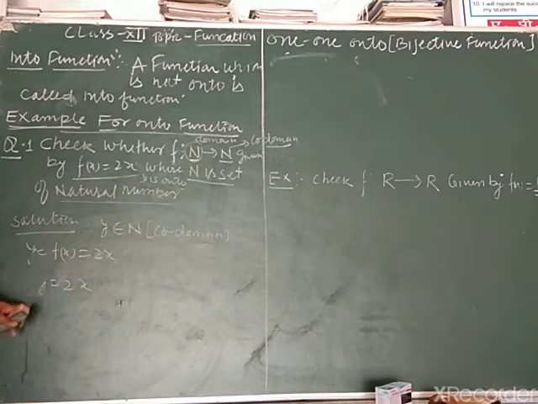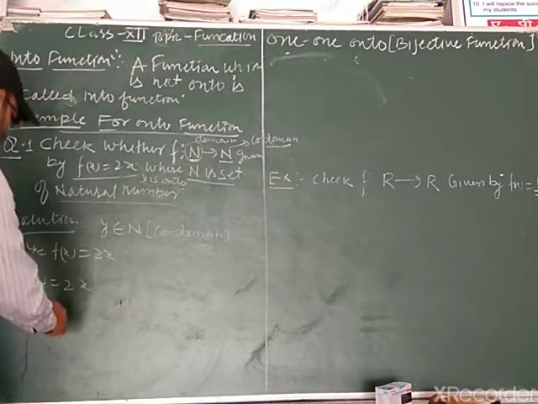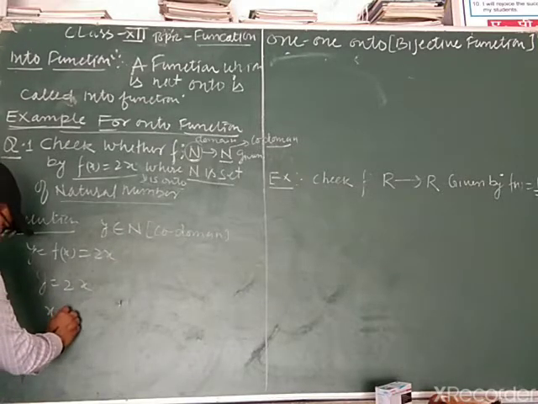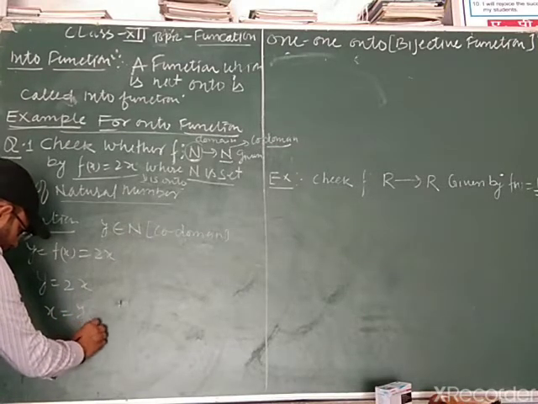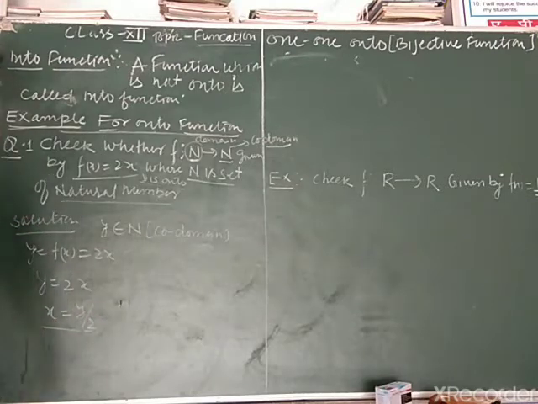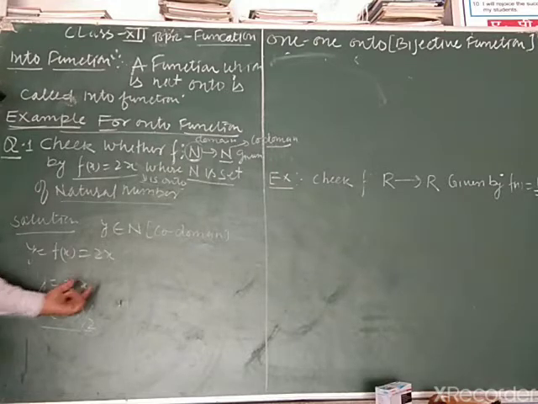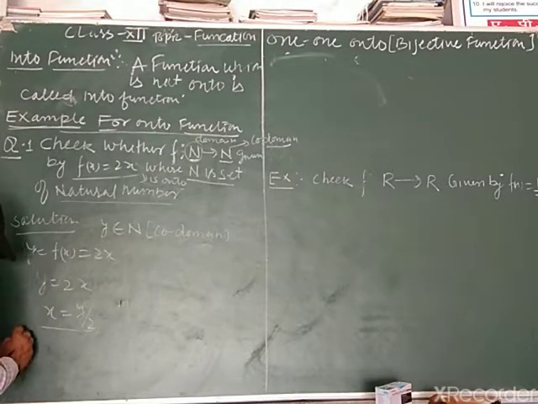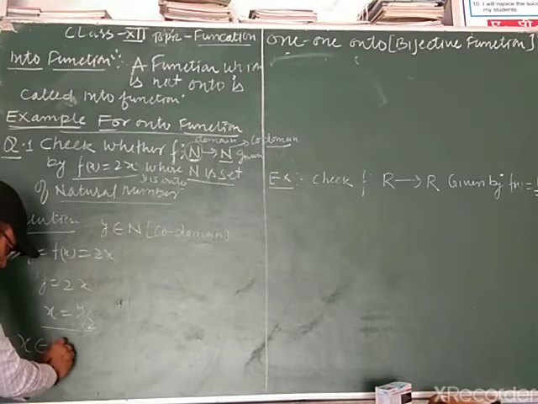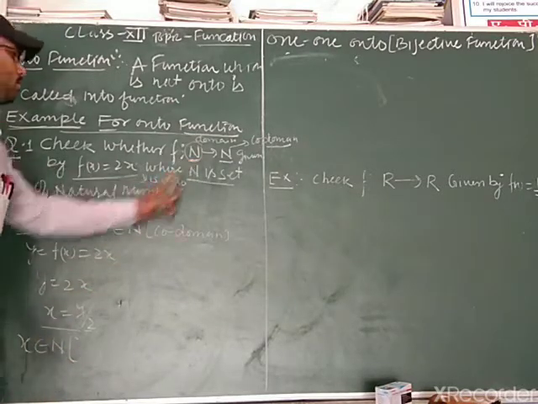As I told you, we have to convert this y in the form of x. So we can write it as x = y/2. Now we get x in terms of y/2. Now, x is any element that belongs to N, the domain.